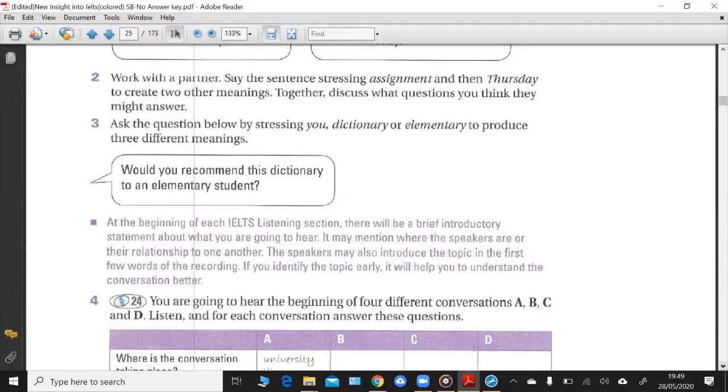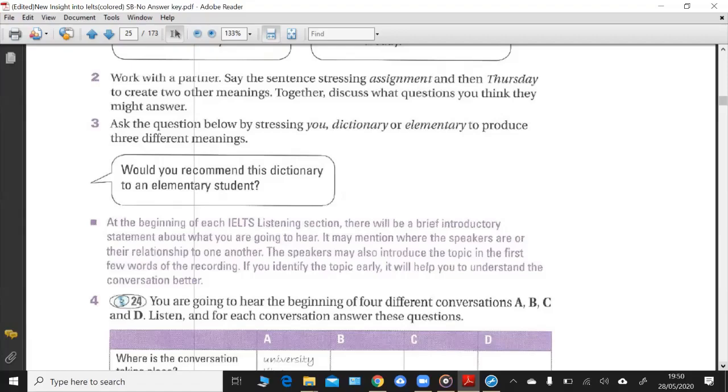First one, my stress was on you, so I'm asking you, do you recommend? Second one, my stress was on dictionary. I'm asking you about the dictionary. There are a number of dictionaries. I'm asking you, is this the dictionary which you recommend? And the third one, I'm asking you that it's about elementary students. Is the dictionary okay for the elementary students?